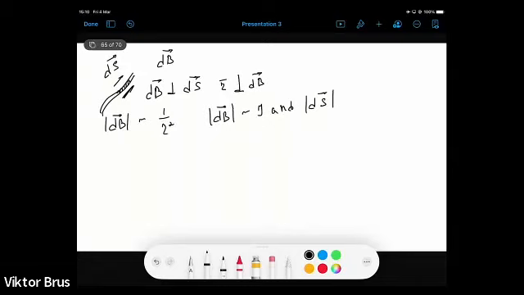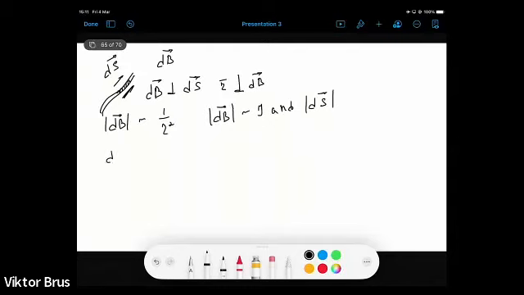So the bigger the length element, the larger the magnetic field will be. Also, the magnetic field is proportional to sine theta.